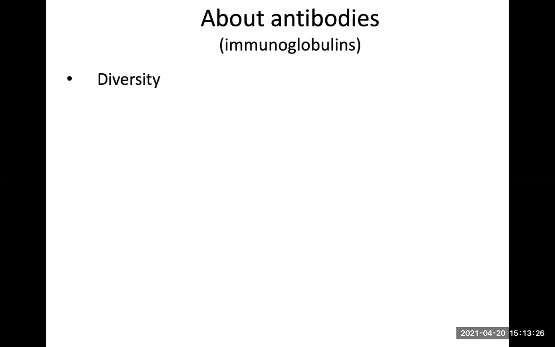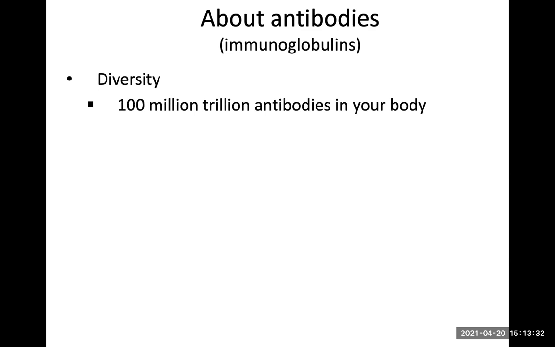So there's a huge diversity, and I already started talking to you about this in the last lecture. There's 100 million trillion antibodies in your body. That's an incredible number. Take a moment, take that number in. So why do we have so many antibodies in our body?